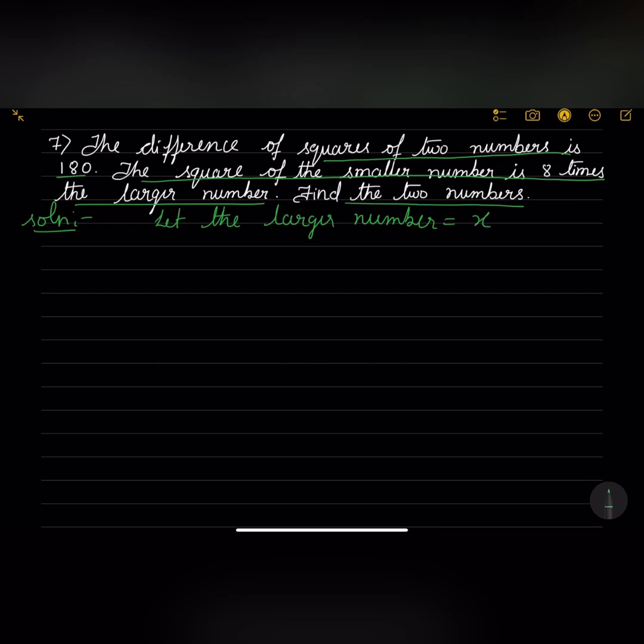And what they have given? The square of the smaller number is 8 times the larger number.